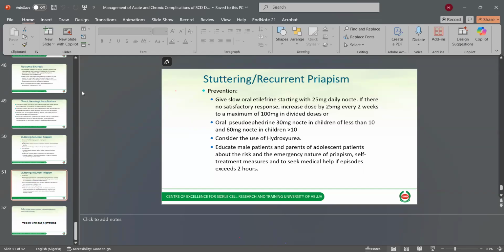And not only the kidneys, but the GIT too can be affected by chronic use of analgesic, especially the non-steroidal anti-inflammatory agent. They can cause gastric erosion and cause peptic ulcer disease. So use of analgesic should be cautious, and we should always monitor and check out for these complications.